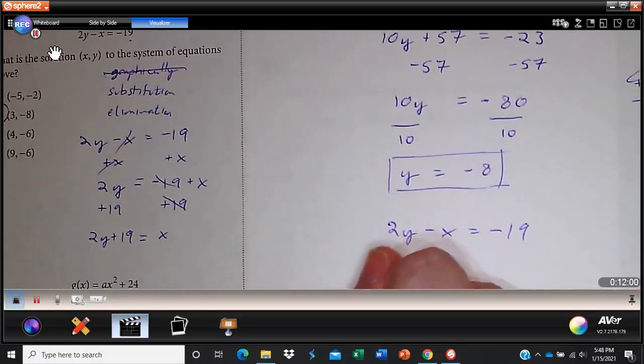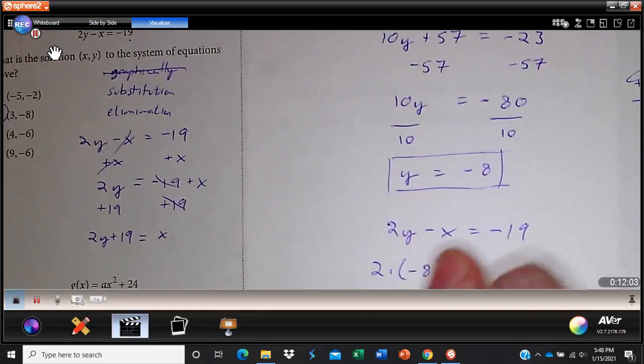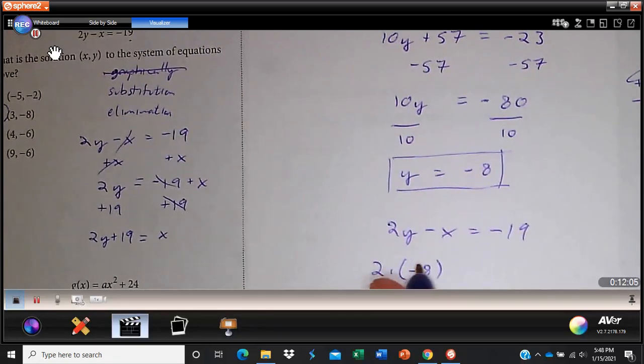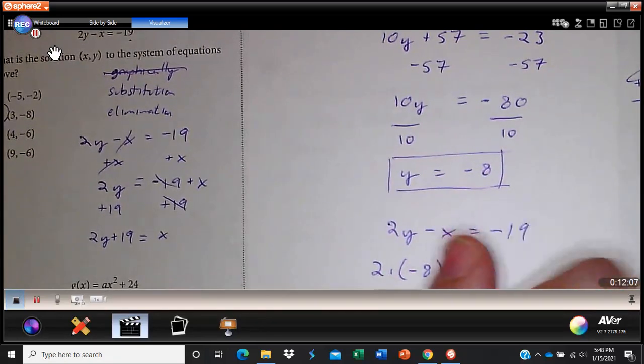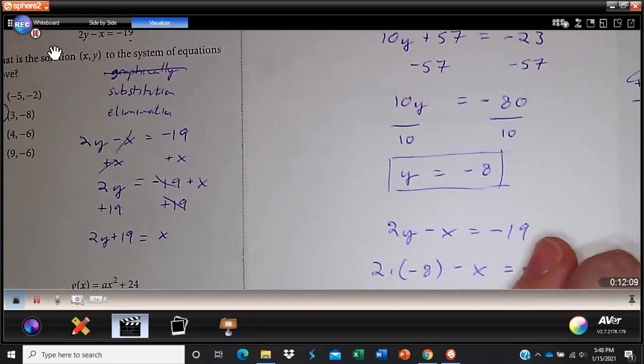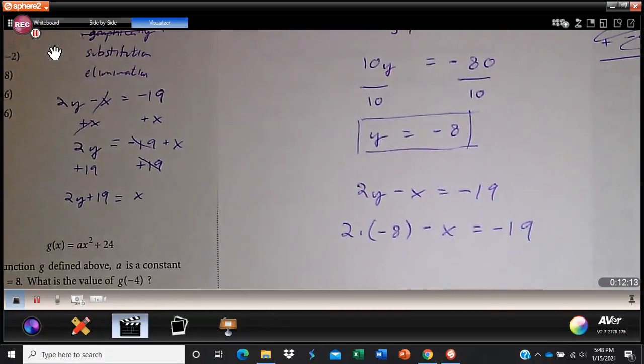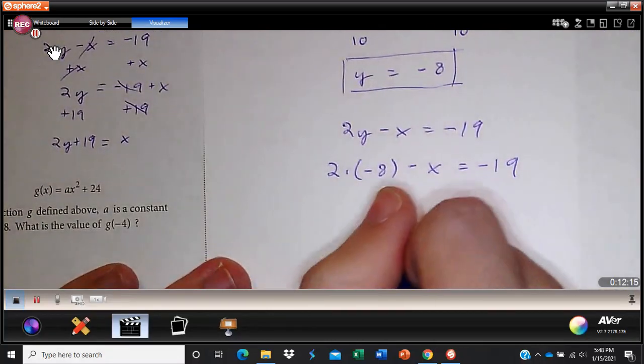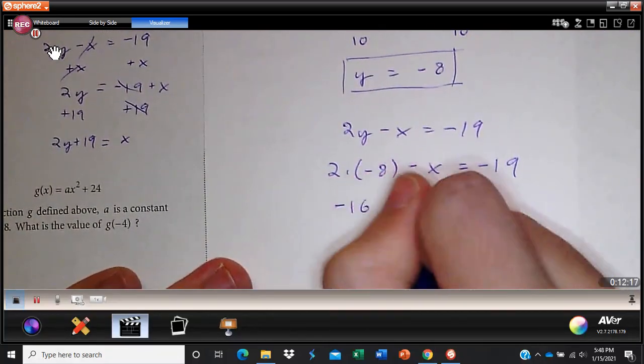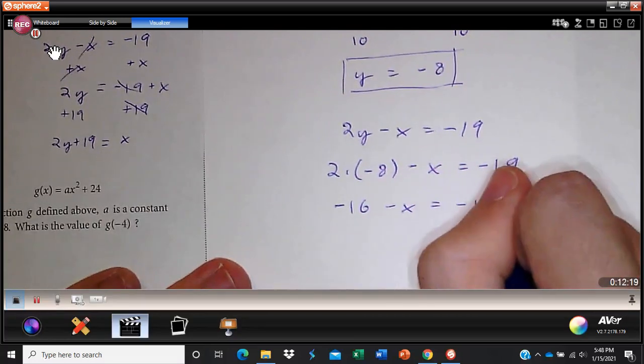Y is negative 8, so 2 times negative 8. Notice when I substitute, I put it in parentheses. That way I don't get confused on where the minus sign goes and stuff like that. There's negative 19. And now I have an expression that only has one variable in it, so I can solve for x. 2 times negative 8, negative 16 minus x equals negative 19.